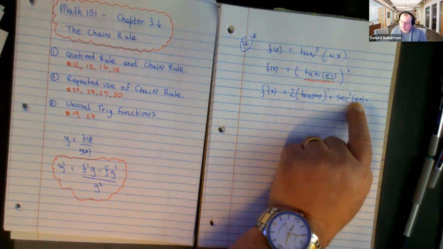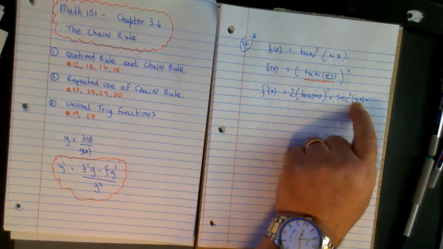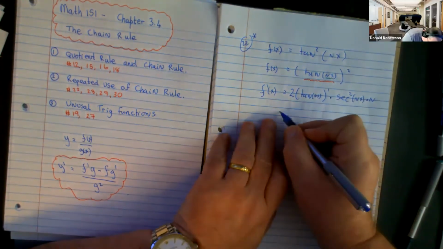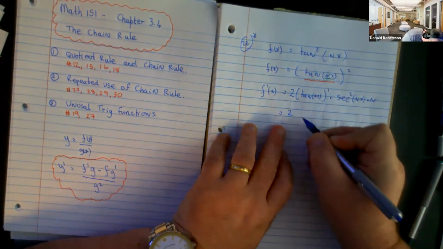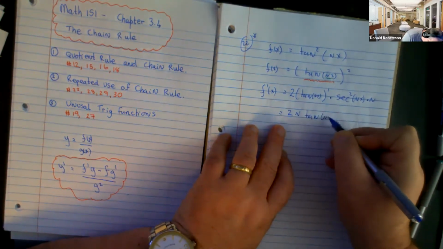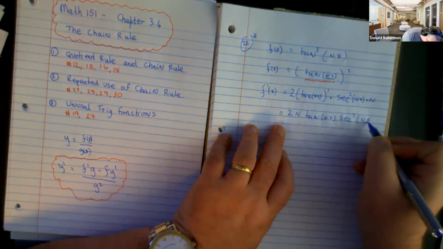And what is the derivative of nx with respect to x? N. And then you make it look pretty. So there's going to be a 2, there's going to be an n, there's going to be a tan of nx, and there's going to be a secant squared of nx.